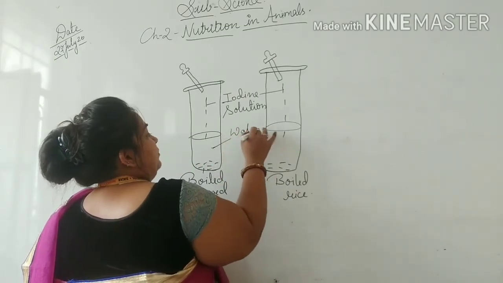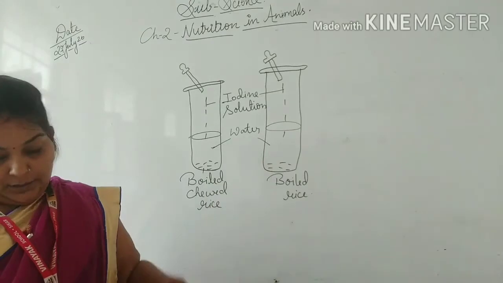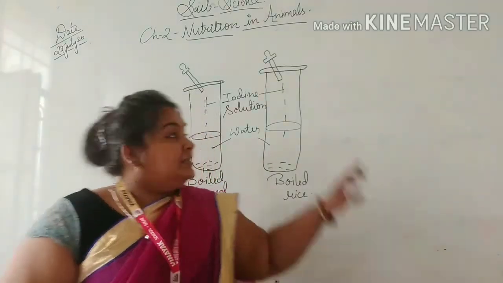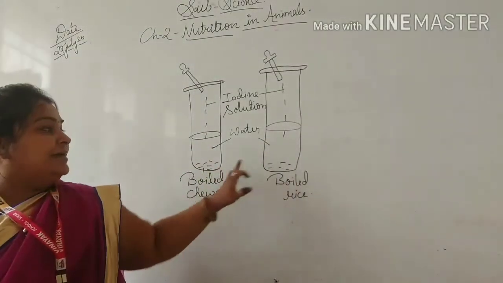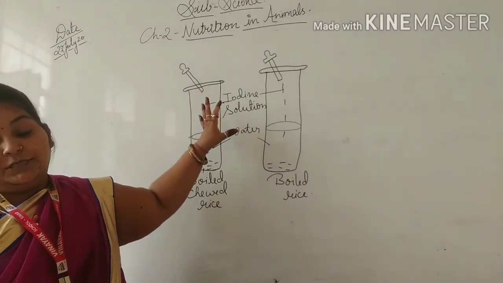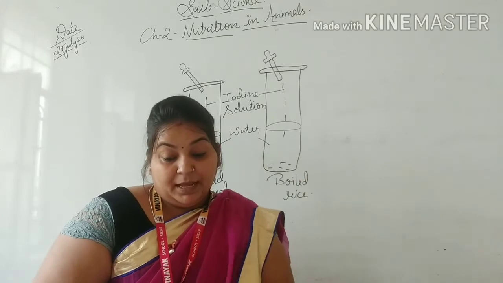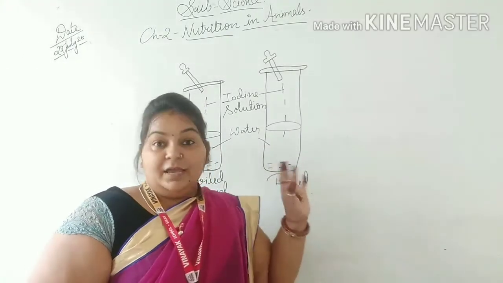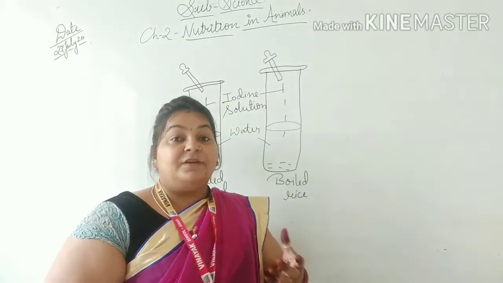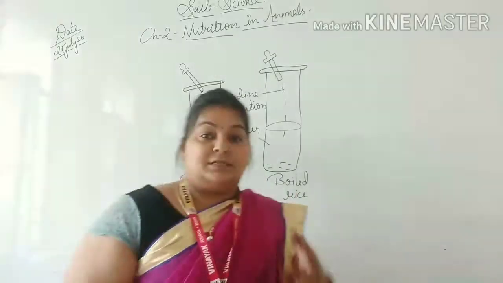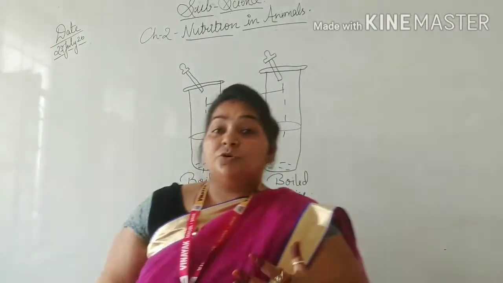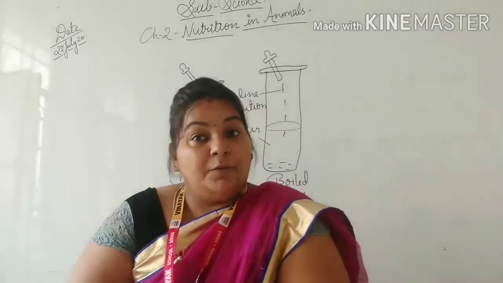Okay. Now what happens in this test? We have taken some test tubes, boiled rice is there, iodine solution is there, and water. Okay. So now what happens? First, we take some boiled rice and chew it for 4 to 5 minutes in your mouth. You will chew the boiled rice.